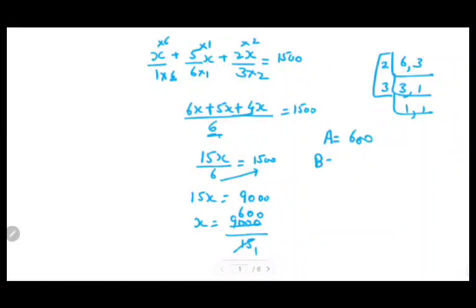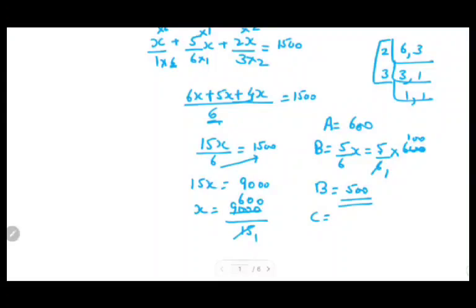Okay. B's share, which was 5 upon 6 into x, is going to be 5 upon 6 into 600. 6 ones are 600, 5 into 100 makes it 500. So that's B's share.